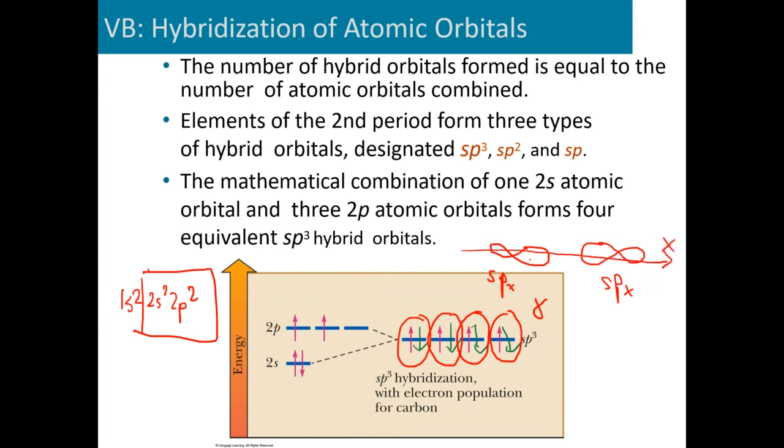But this sp x will not react with, for example, an orbital that goes toward the y-axis, that would be the sp y orbital, because the geometry doesn't match. So the head-to-head interaction along the same axis, with the sign of the wave function being the same, will give you a sigma bond.